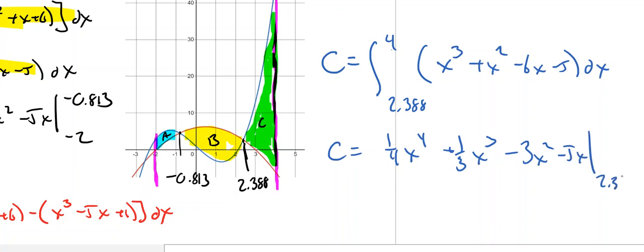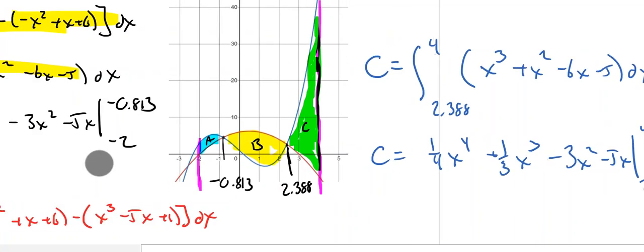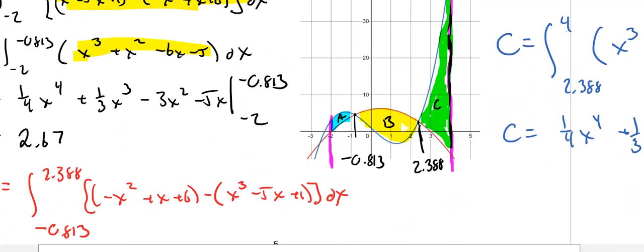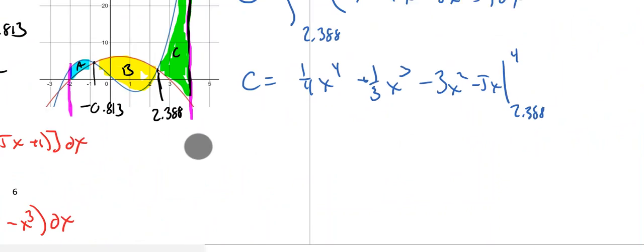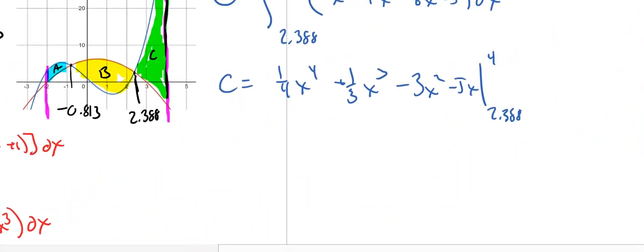You already had this antiderivative in Desmos. You can simply use the same antiderivative again and just evaluate it at the different endpoints. So when you do that, you will end up with area C being equal to 33.71.